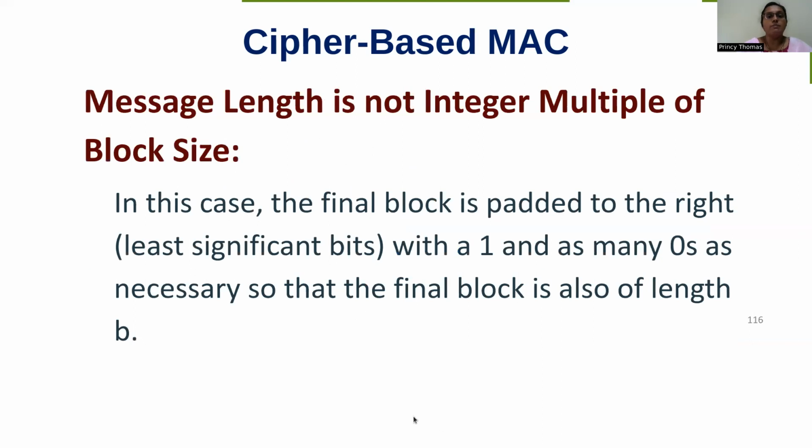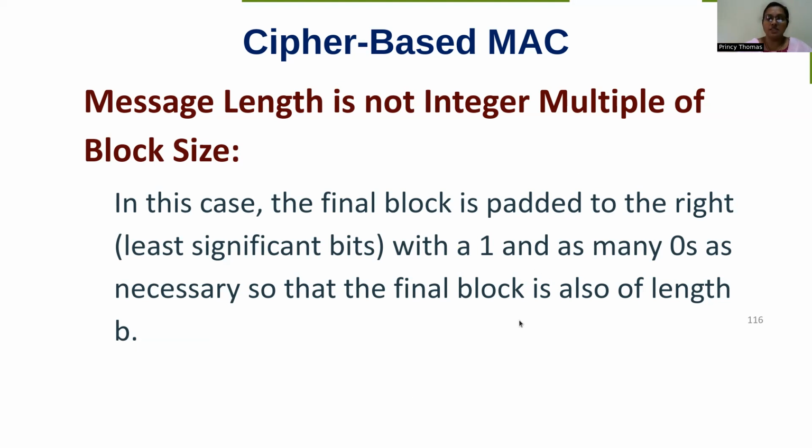Okay, now when the message length is not an integer multiple of the block size, it's simple. The last block will be padded so that it becomes an integer multiple of the block size. How the padding is done is what is important here. The final block is padded to the right, so the least significant bits are padded, but the first bit will be 1, and all the other bits are filled with zeros.